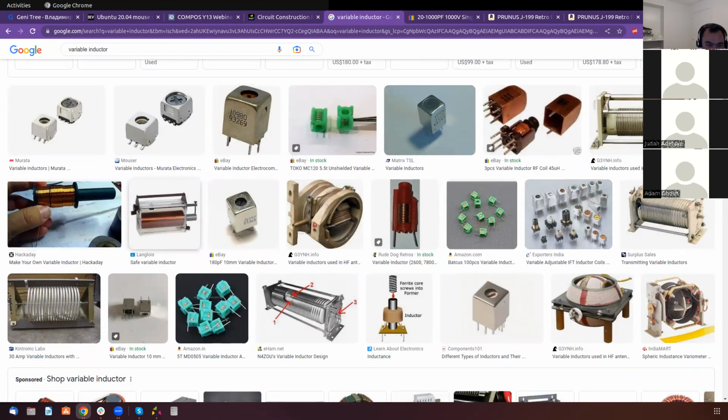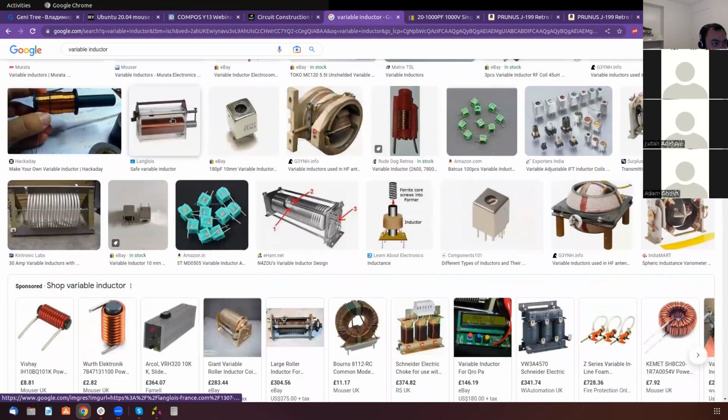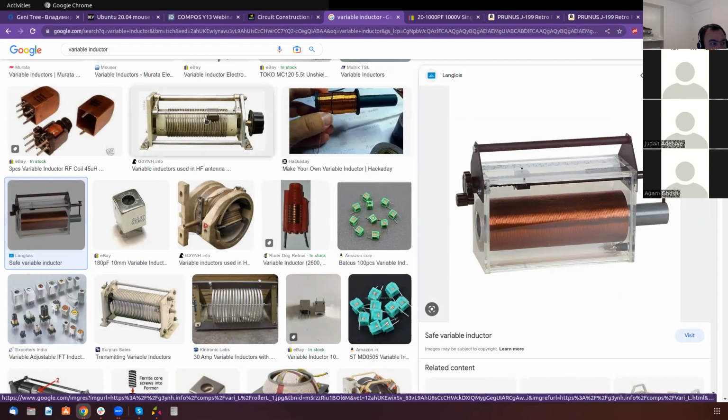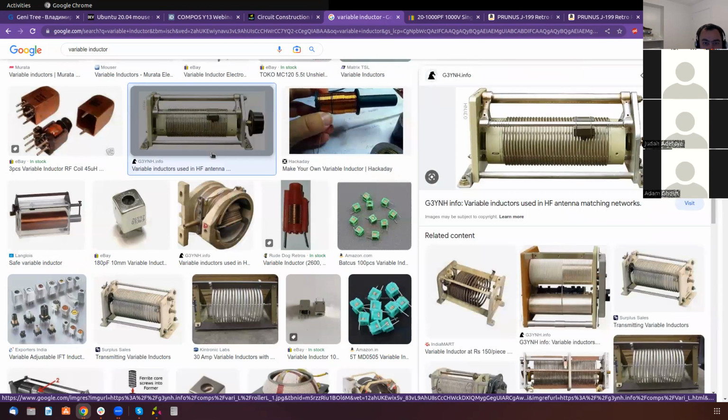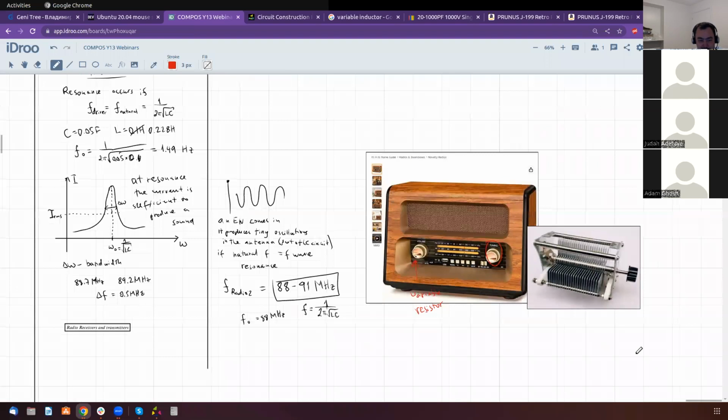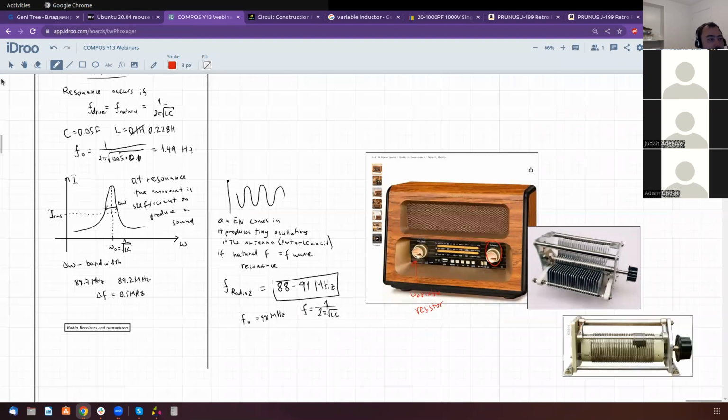Well, this is not as easy to understand, the variable inductor. Oh, I think this one. Yeah, something like this. Variable capacitor and variable inductor.